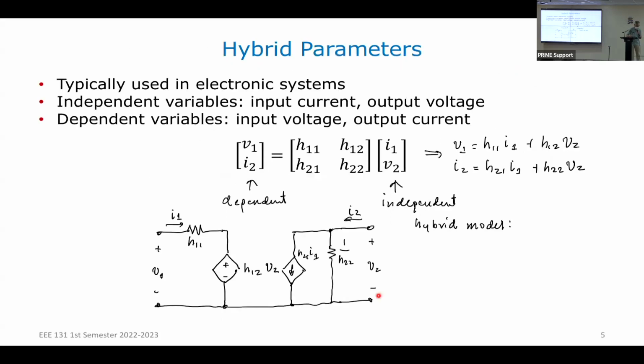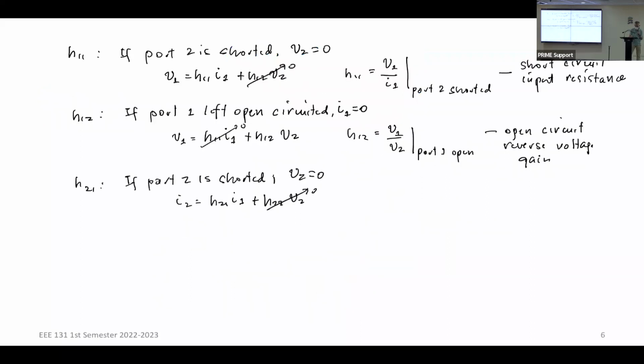If you short this, then all of the current here will flow through your short. None of it will flow through this. Therefore, yung I2 natin will be equal to this particular current, no? And so what is now H21? This is now going to be I2 over I1. No? So this is port 2 shorted.